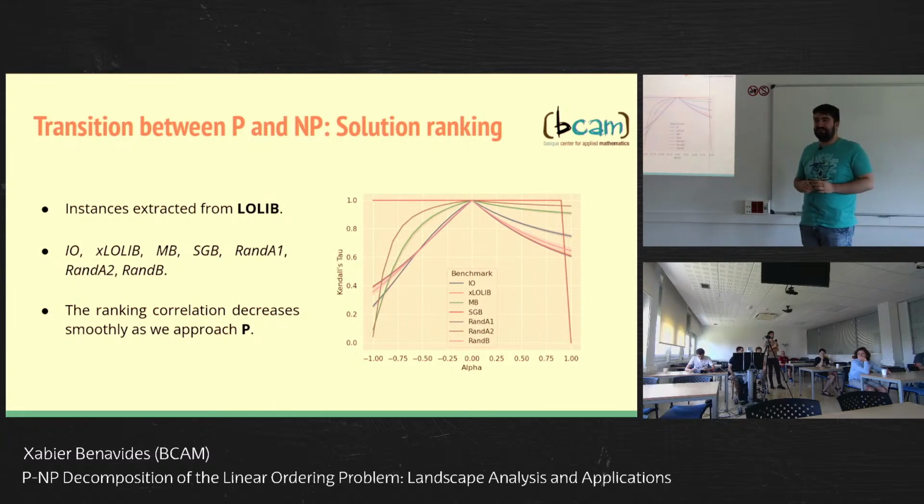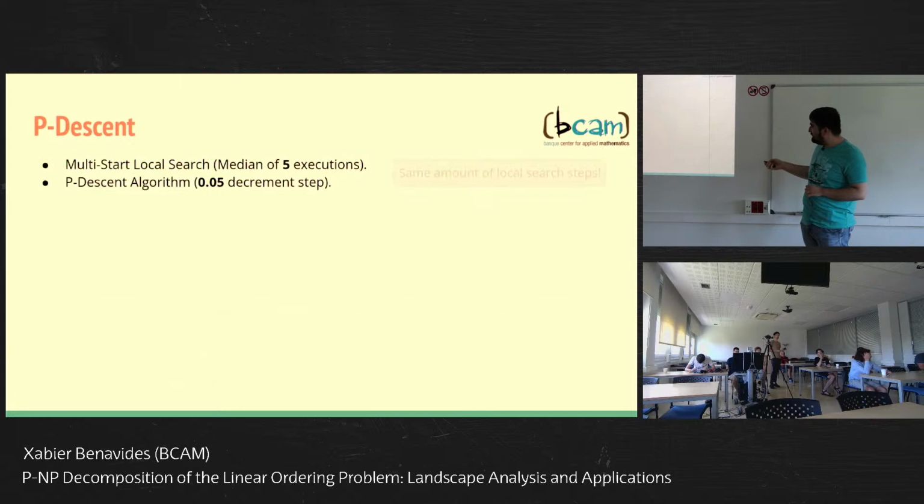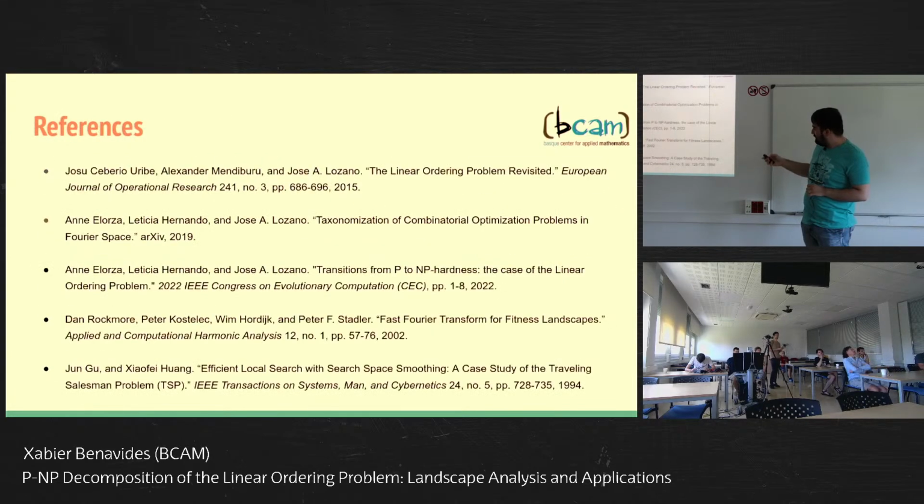Yes. In fact, in the paper that we have considered, which is in the references, that is this one right here, it proposes a way of creating artificial instances with higher or lower proportion of the P and NP components, doing precisely that.